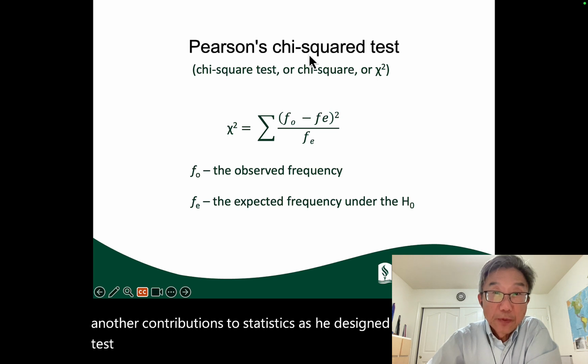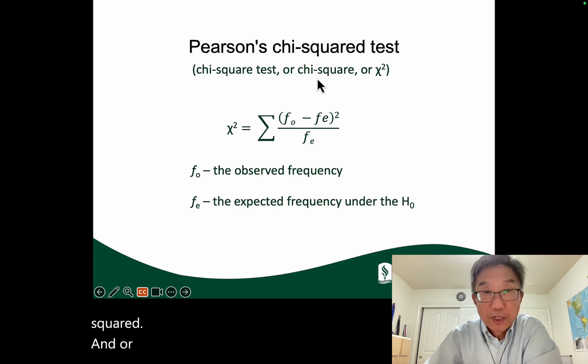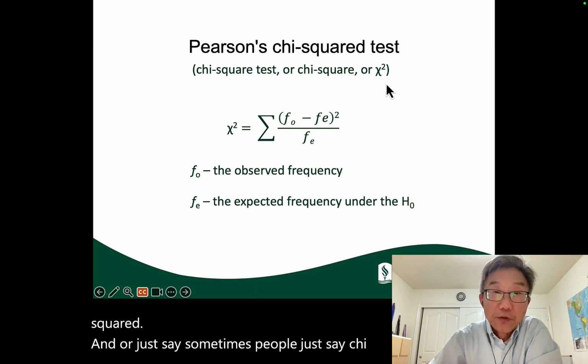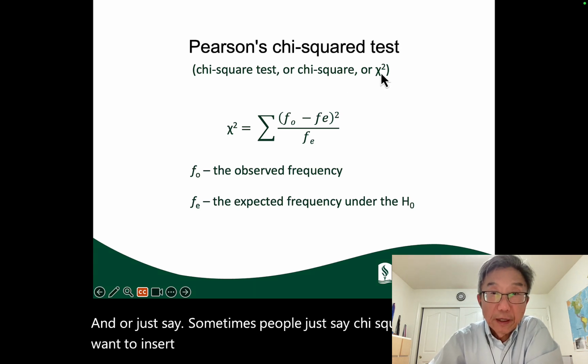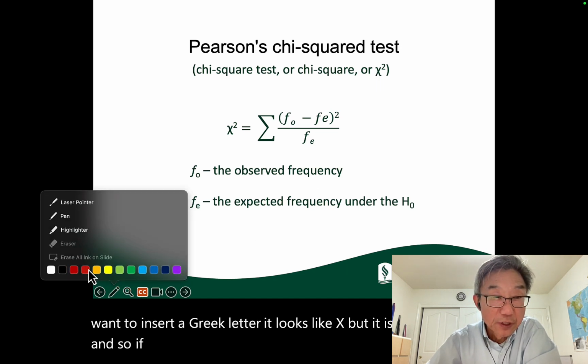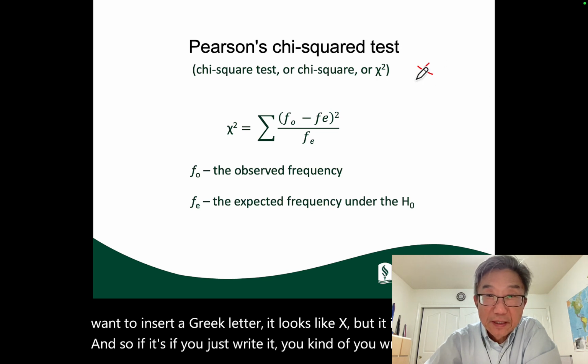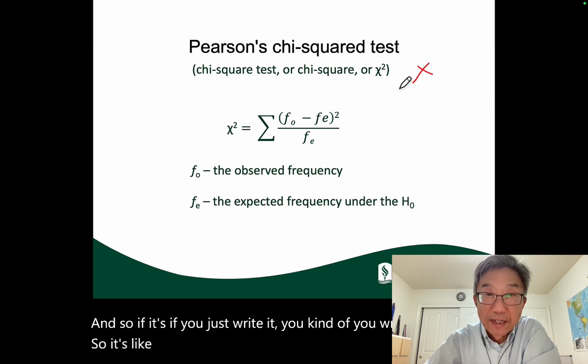If you want to type it, you can say chi-squared, or sometimes people just say chi-square. Or if you want to insert a Greek letter, it looks like X, but this is actually not X. If you write it by hand, it's like an X, but with one leg extended. So it is a chi-square.